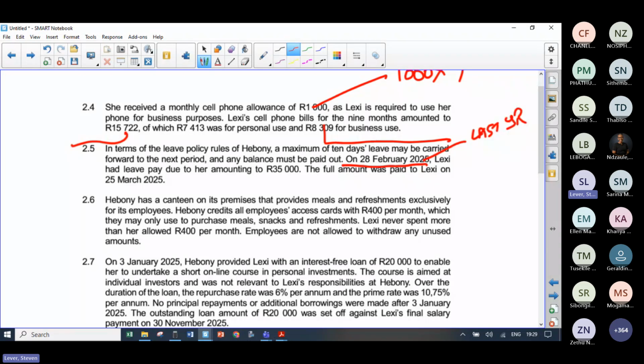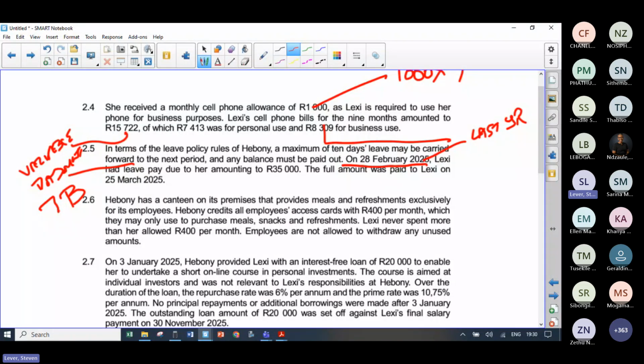Now guys, you need to understand any variable payments. If there's a variable payment like leave pay or overtime, Section 7B of the Act applies. And how does Section 7B work? It says that you only get taxed when it is paid. So any variable payment, if you see leave pay, overtime, or a bonus, it goes into the year when it was paid.